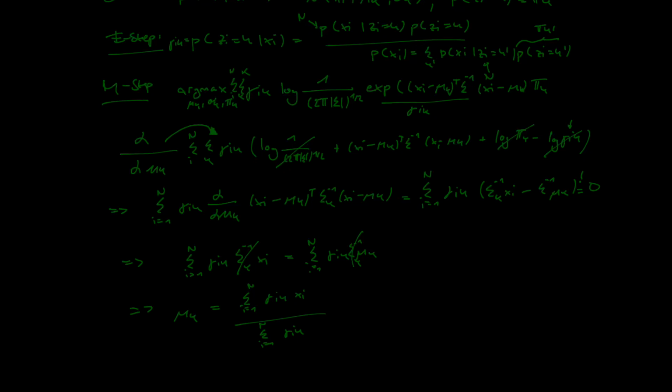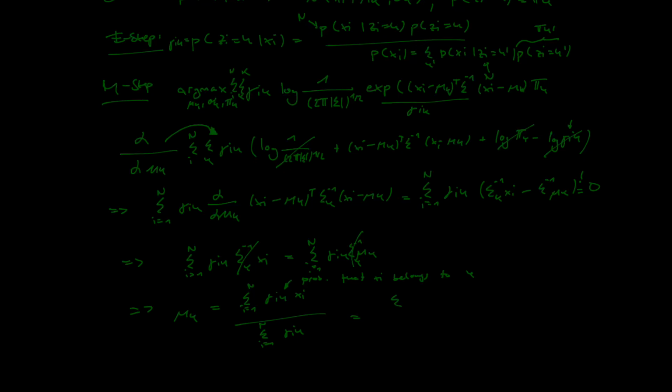that it's like a soft clustering, where these are just the probabilities that xi belongs to the cluster k. And then it makes very much sense, because if this is 1 or 0, in case of a hard clustering, what we get is like a mean, right?